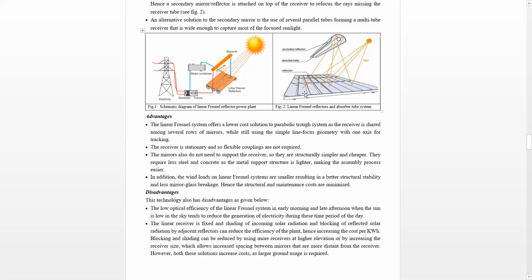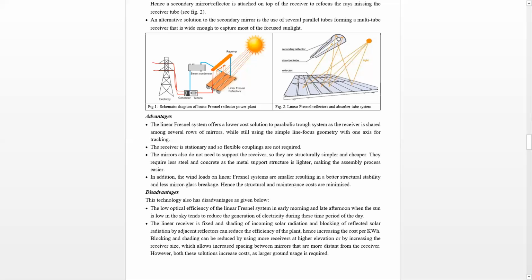Then the blocking chances will get reduced, right? Or by increasing the receiver size. Or we increase this receiver size, and we also increase the spacing between the adjacent reflectors, so that the blocking would be reduced, which allows increased spacing between the reflectors that are more distant from the receiver. However, both of these solutions increase the cost as larger ground usage is required.